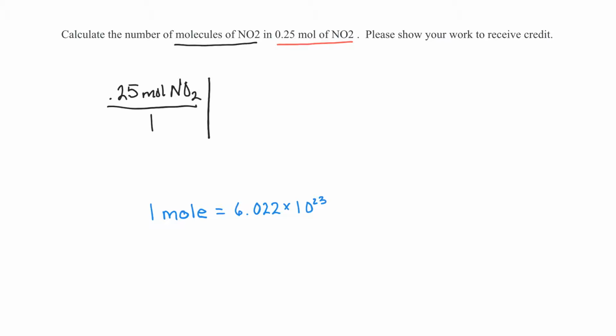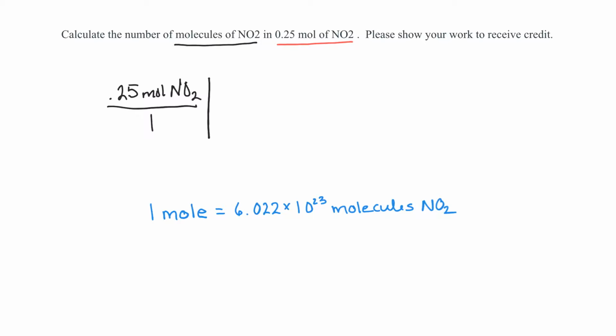And that could be 6.022 times 10 to the 23rd atoms, 6.022 times 10 to the 23rd particles, 6.022 times 10 to the 23rd molecules. And so this is going to be the equality we use, right? This is going to be the equality that we use to make our conversion factor, so that we can use the factor label method up here.